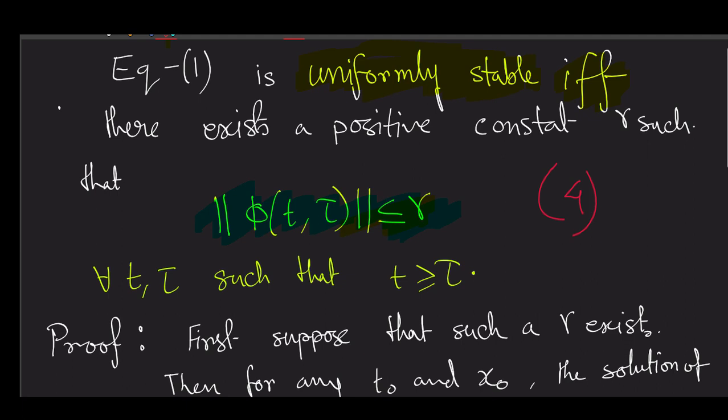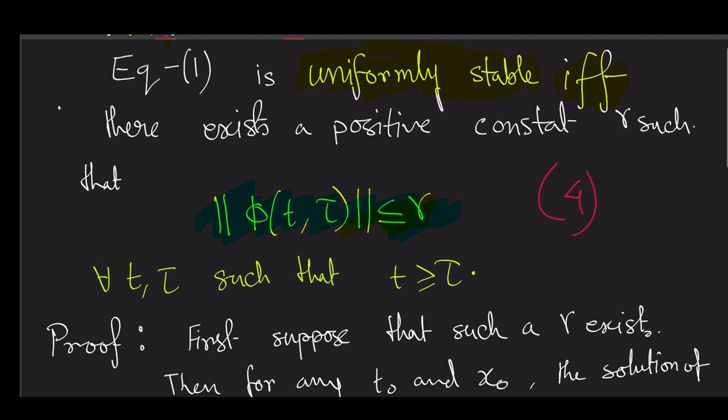And in the example that I have just discussed, you can find that the transition matrix is not bounded by gamma. Anyway, we have to prove this. This is equation number 4.